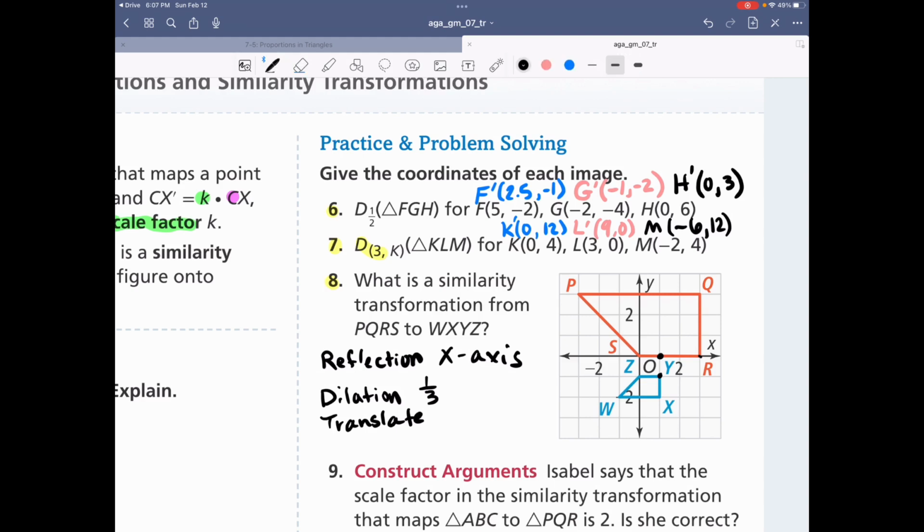So I'm reflecting it. Maybe I'll reflect it first and then dilate it, so that way it's a little easier to show if we reflect it first.